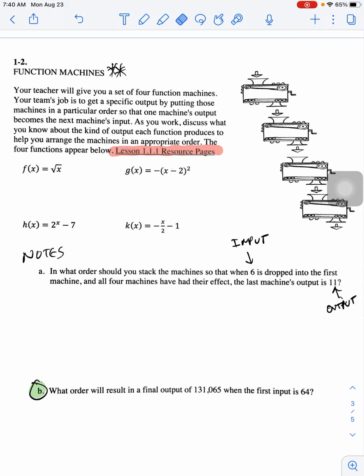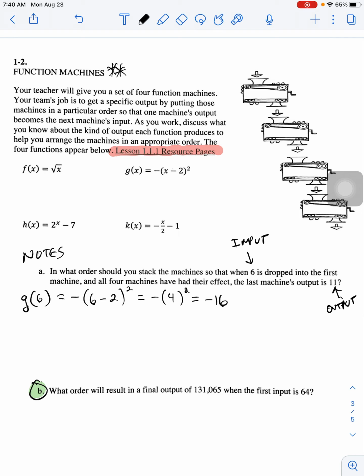So now let's see, this time I'm going to start with g of x. So I'm going to try g of 6 is equal to, don't forget about that negative sign, 6 minus 2, quantity squared. So I get a negative 16.